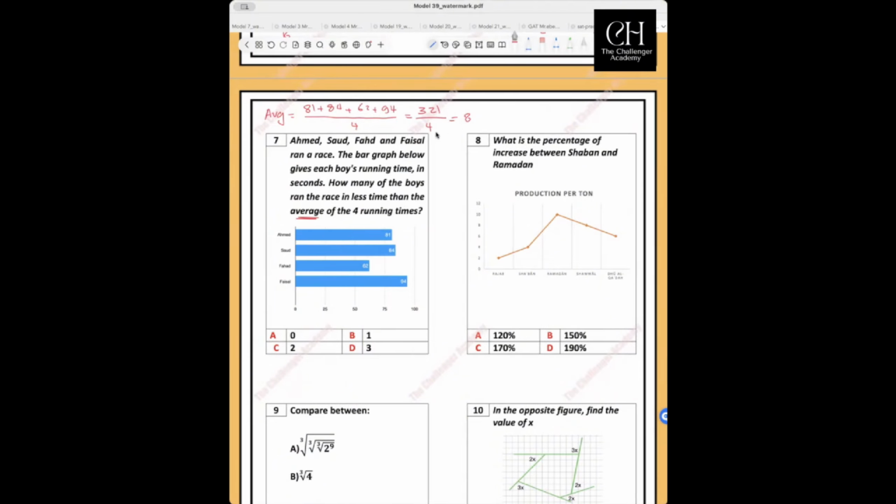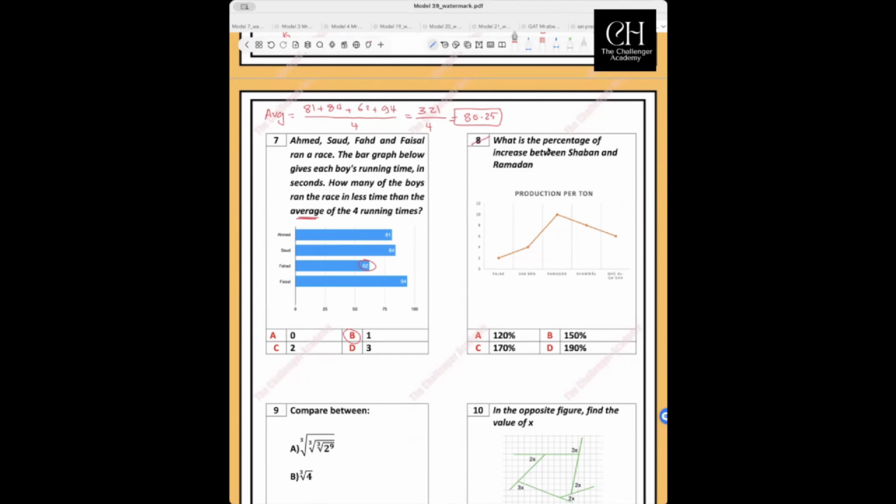So it will be 80.25, as we said. So the average is 80.25. So how many boys ran the race in less than the average? How many boys are less than 80.25? We have only one, his name is Fahd. So the answer is 1.